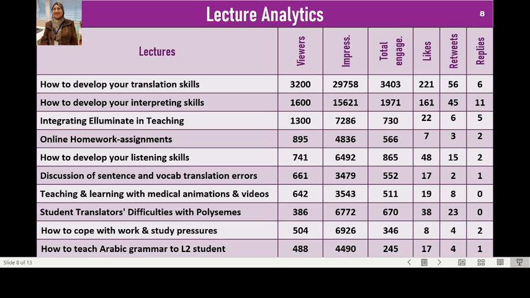Now, the highest number of viewers I had was 3,200. I have also those who watched the lecture on how to develop your interpreting skills, 1,600. The one in which I talked about how to integrate Illuminate in teaching, 1,300. The highest impressions were 29,000, 15,000, 7,000, very high.